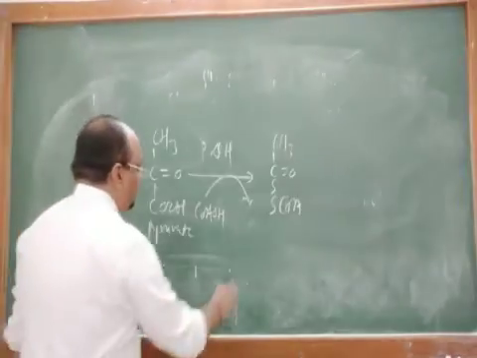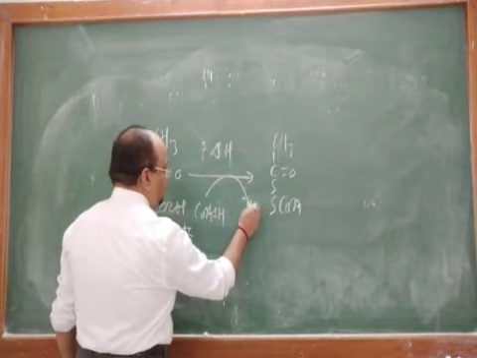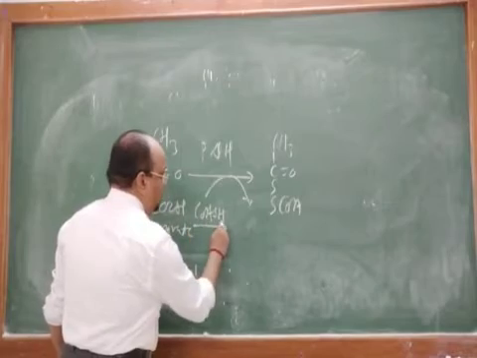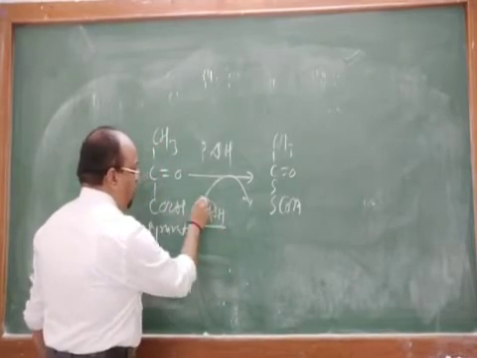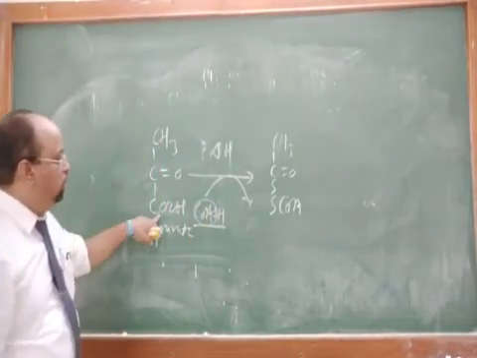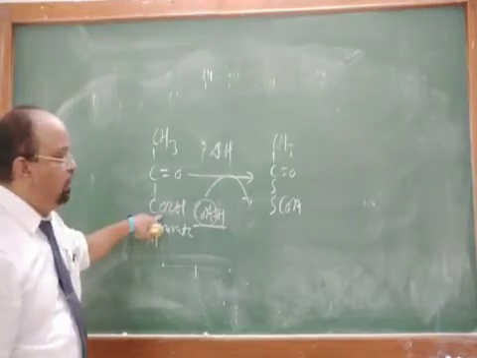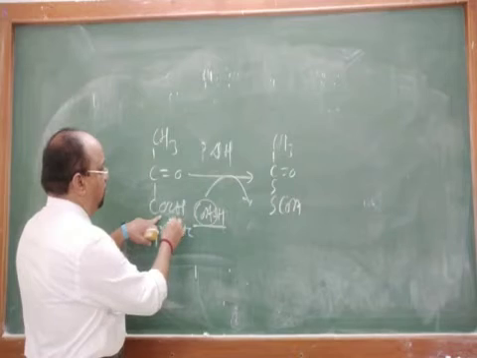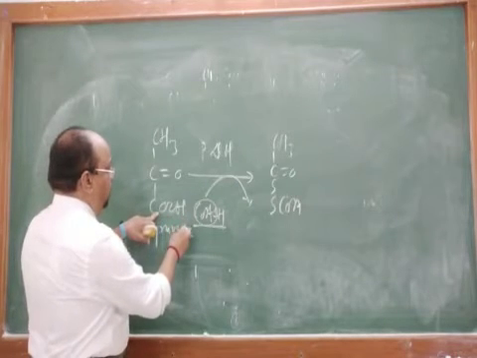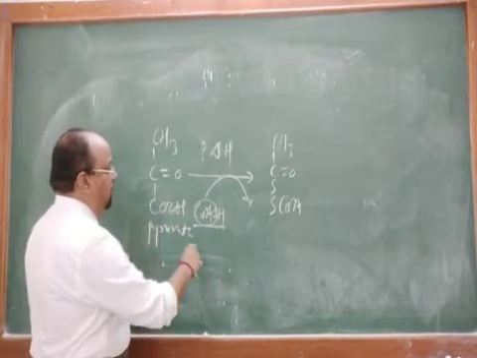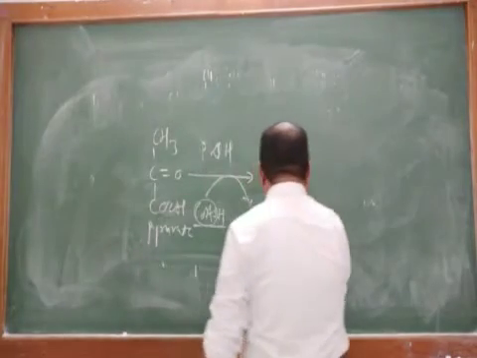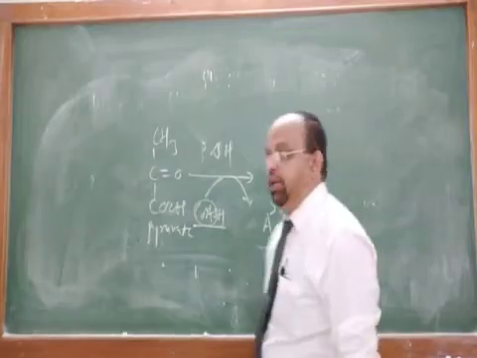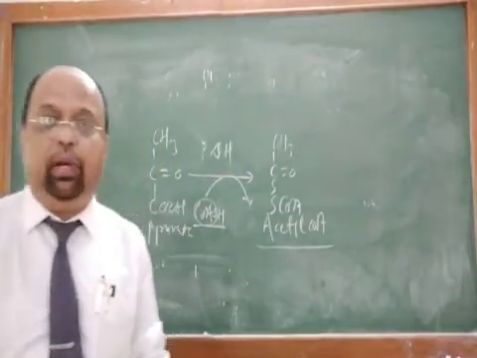This CoA group is linked to pyruvic acid, and during this reaction the pyruvate is converted into acetyl coenzyme A. This is the well-known biochemical role.